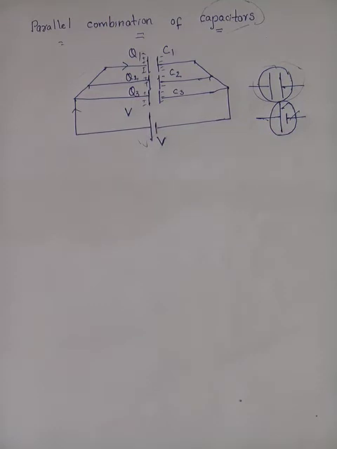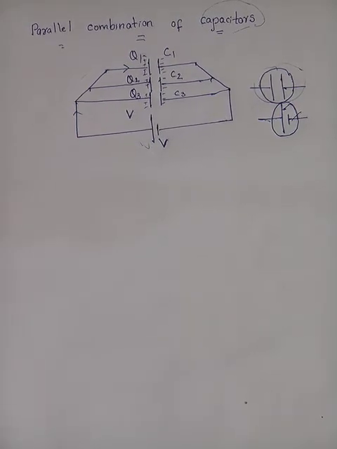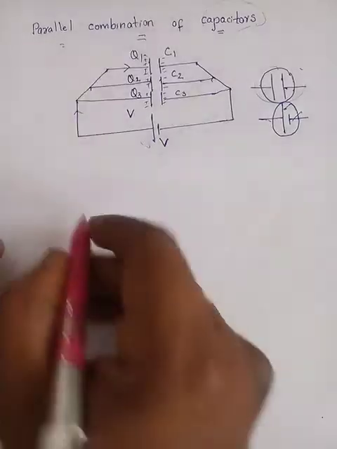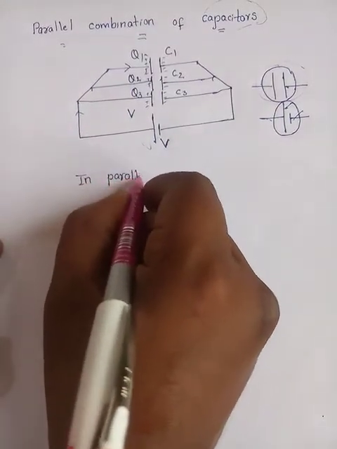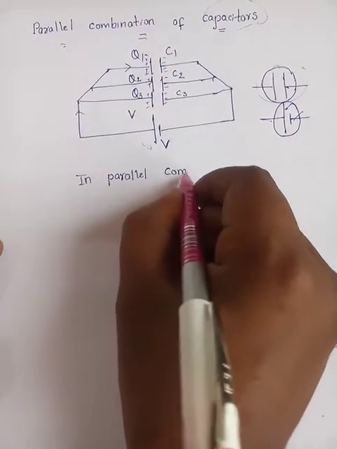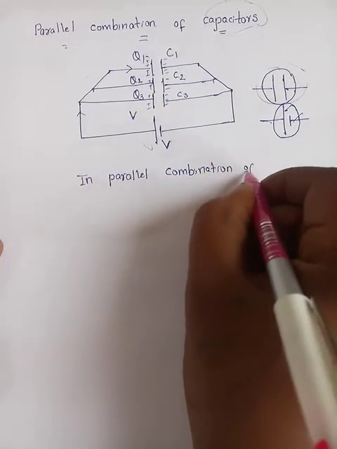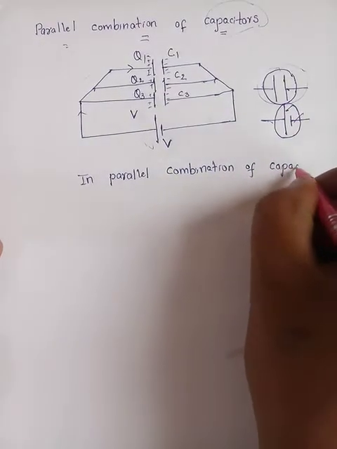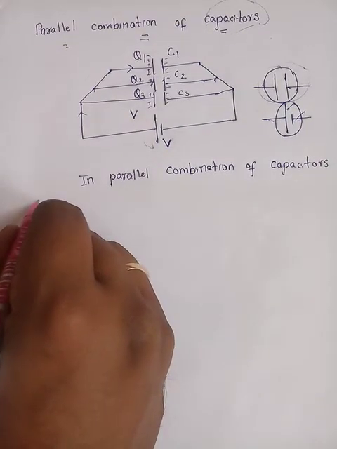So it is just the opposite of series combination. In series combination, charge is constant and potential varies. Here, charge varies and potential is constant. So in parallel combination of capacitors, what is constant? Charge, right?